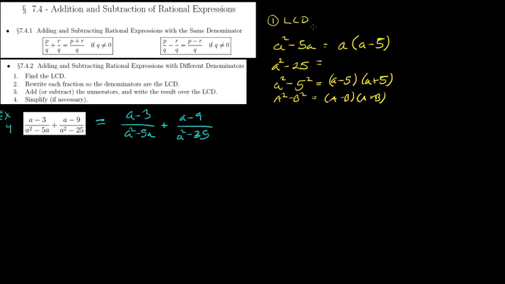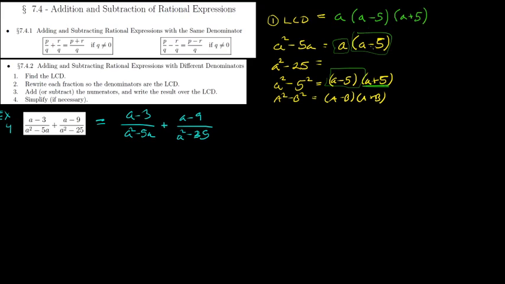Same thing here. So what's our LCD? We have to include every factor. We have to include the a here. We have to include the a − 5. We already did that here, so we don't need another a − 5. But we also need an a + 5.